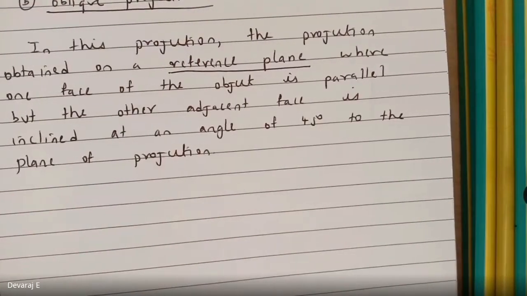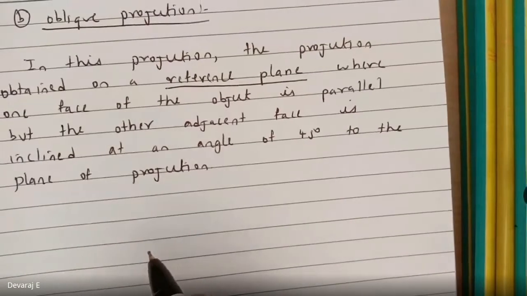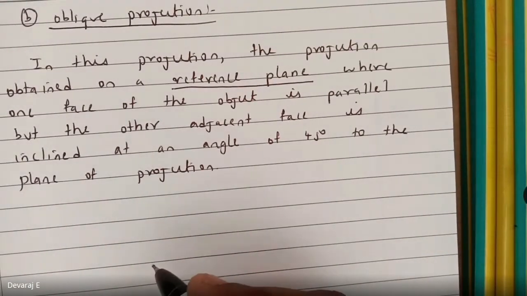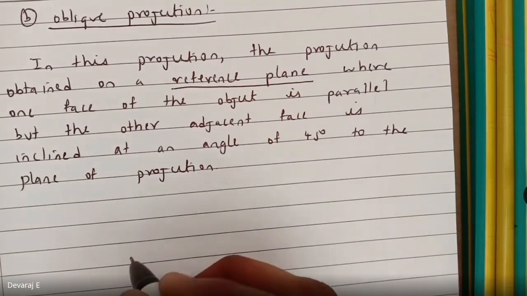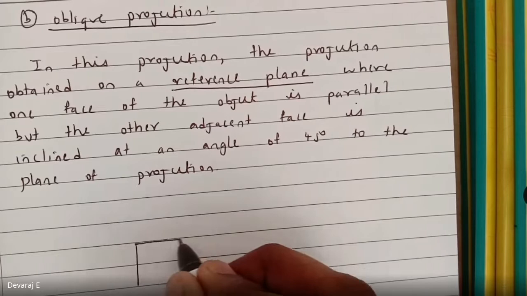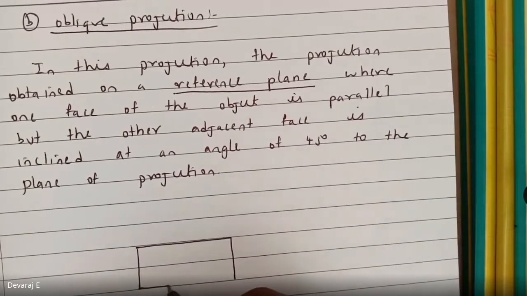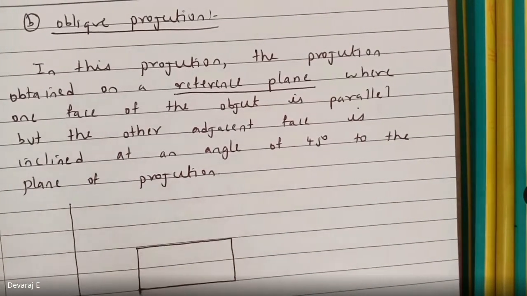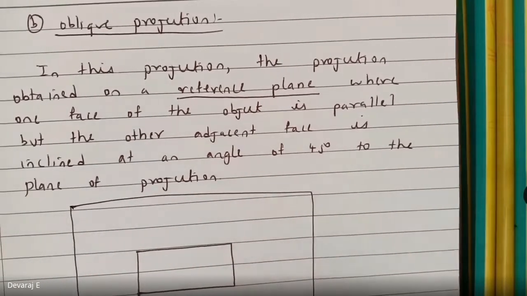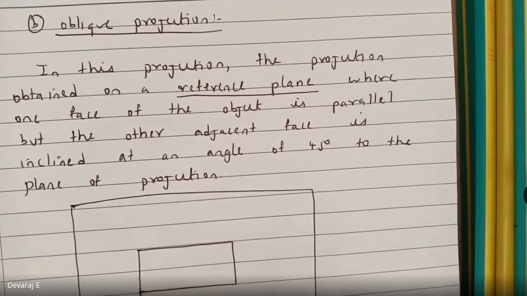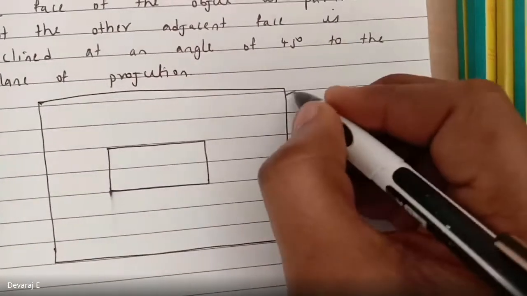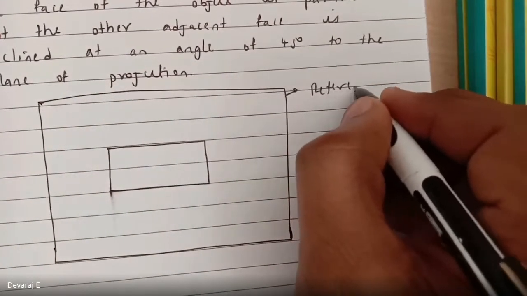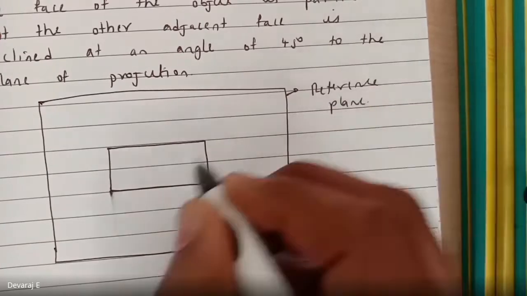I'll explain now. Kindly write down this. What is the meaning of this? First I'll write this sketch, I'll explain, then I'll write the 3D view. See the example here. This is a sketch which is falling on the reference plane.